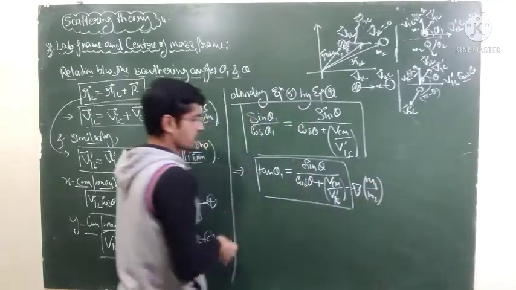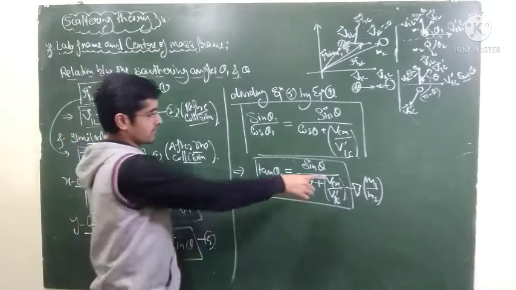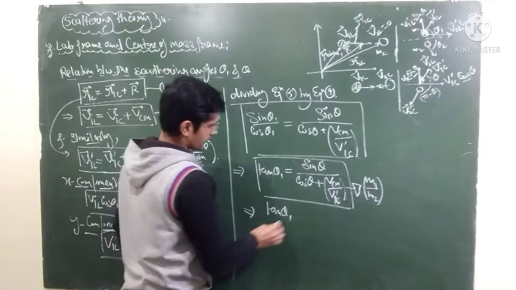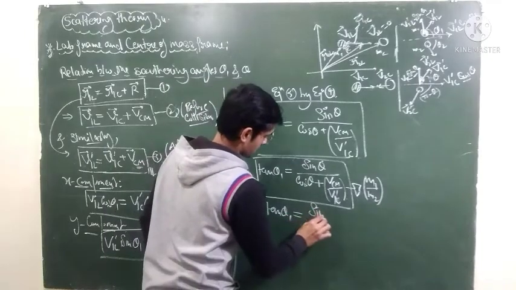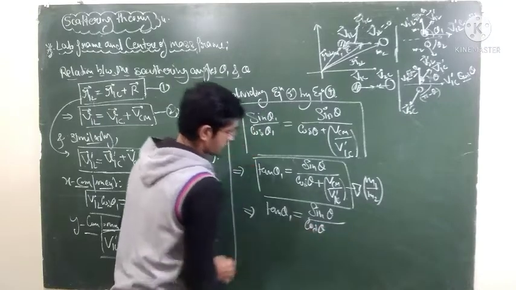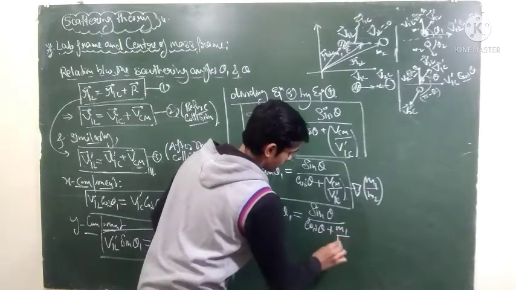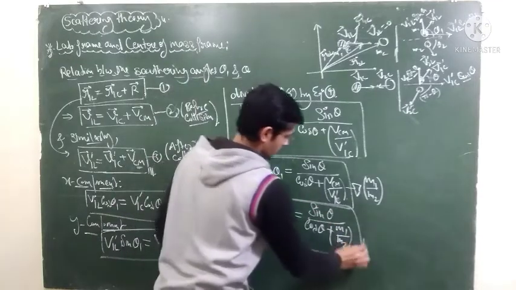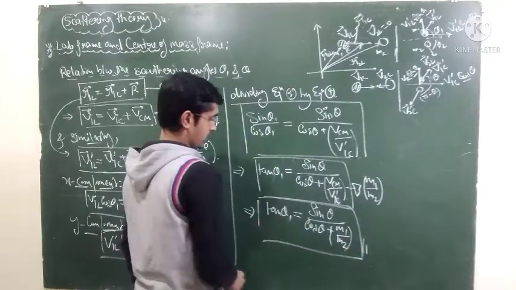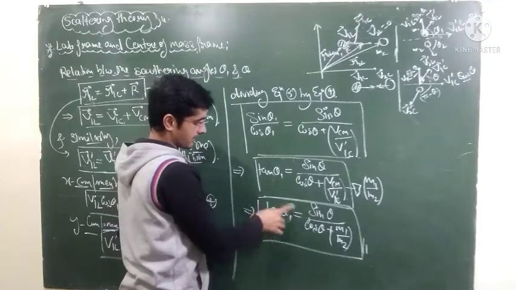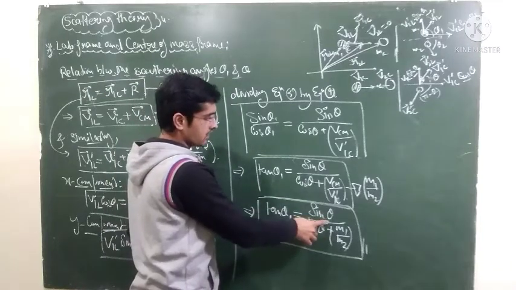So this is what we are going to calculate, but after that term, this formula will be tan theta 1 is equal to sine theta divided by cos theta plus m1 over m2, and this is the relation between theta 1 and theta, the scattering angle in the lab frame, and the scattering angle in center of mass frame.